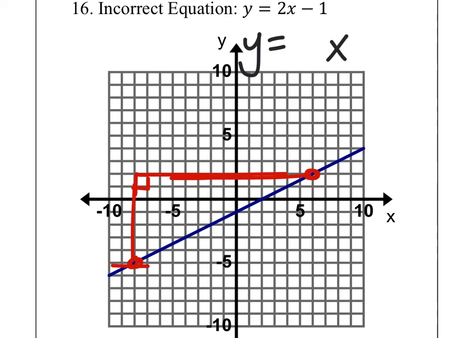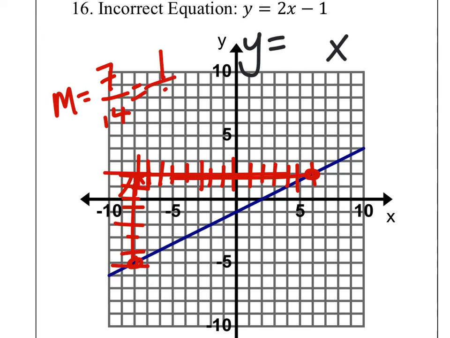Right, from this point upwards, I'm going to go up 1, 2, 3, 4, 5, 6, 7. So my slope right now is up 7, and then to the right 1, 2, 3, 4, 5, 6, 7, 8, 9, 10, 11, 12, 13, 14. So my slope is 7 over 14, which simplifies to 1/2. So I got y equals 1/2 x so far.